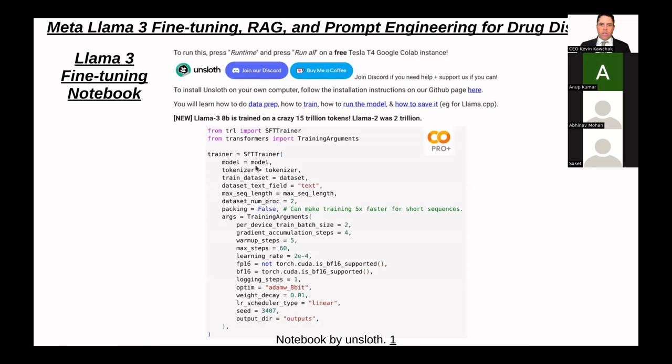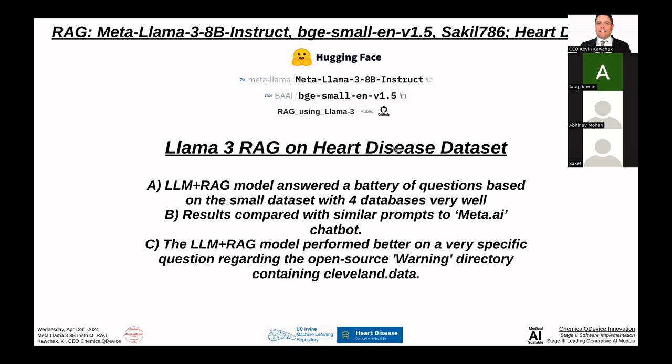It comes up as heart plus disease, and it's actually from 1988. I think it's just for heart disease, and the four databases are from Cleveland Clinic and three other hospitals, I believe.